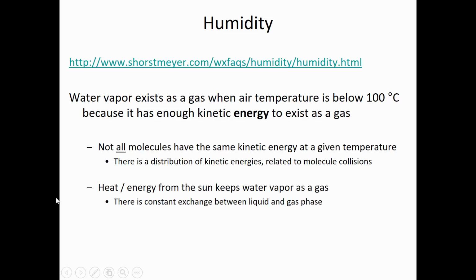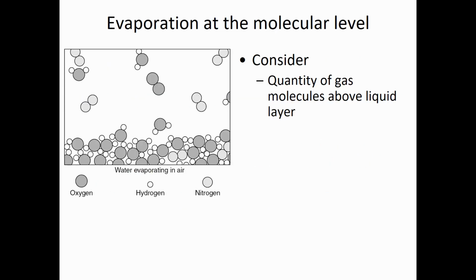So it's the heat and energy from the sun that keeps water vapor as a gas. And there's a constant exchange between the water in the atmosphere and the water in the liquid at the Earth's surface, the lakes, rivers. The water molecules are always cycling between the two as there's precipitation and then evaporation again.